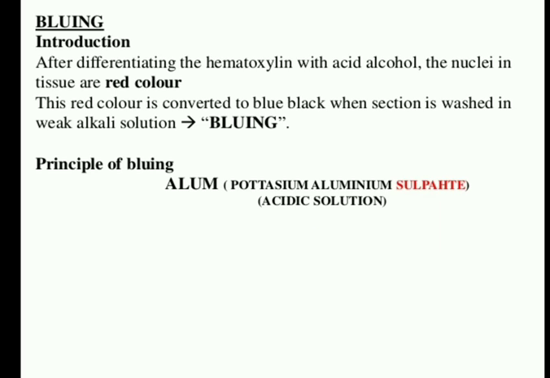After acid, we do bluing. After differentiation with hematoxylin and acid alcohol, the nuclei in the tissue are red in color. This red color is converted into blue-black when the section is washed in a weak alkali solution.